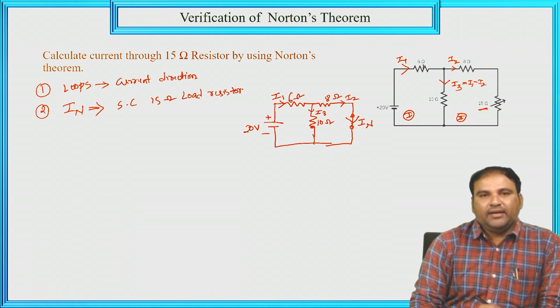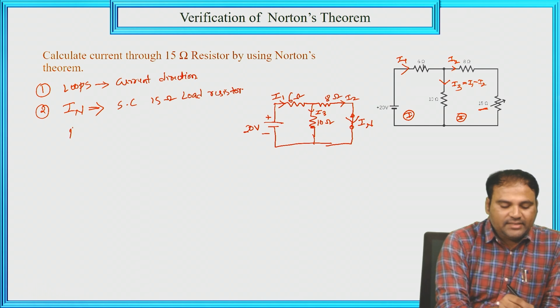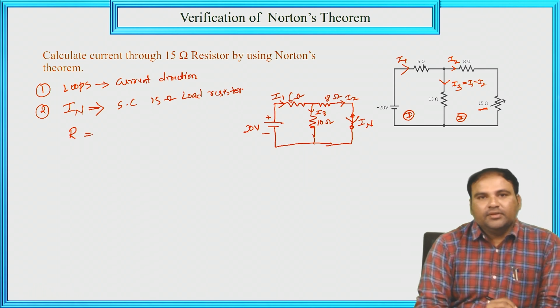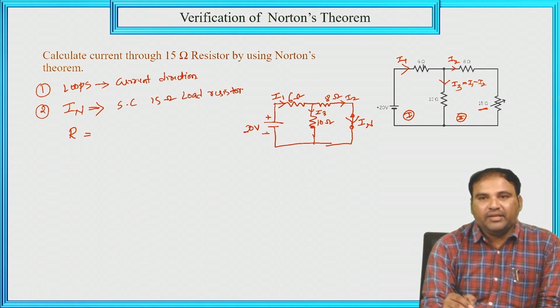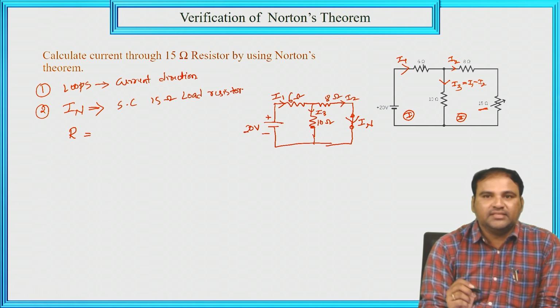Now we need to calculate the total resistance first. So the total resistance of the given circuit is R equal to, since the source is on the primary side, we have to start from the opposite side. On the opposite side, 8 ohm and 10 ohm are there. These two are connected in parallel, and this parallel circuit is in series with the 6 ohm resistor.